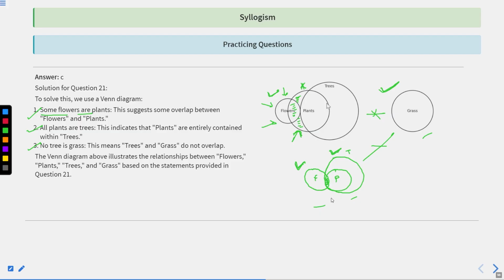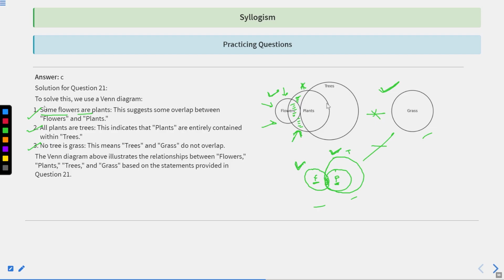Now when we see that all plants are trees, those flowers which are plants shall also be trees according to the statement. If we consider statement number one and statement number two together, the first statement is some flowers are plants and all plants are trees. Then some flowers are trees also.